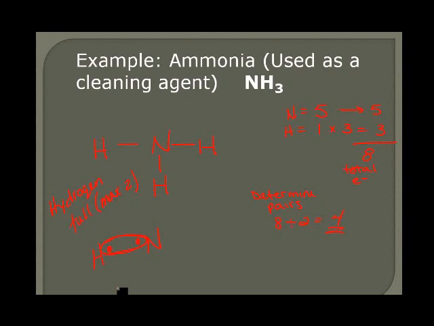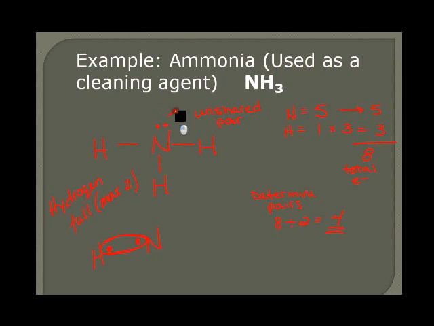So we can't put any of our extra electrons around any of the hydrogens. So we're going to take our last bonding pair and make them an unshared pair of electrons on our central atom.